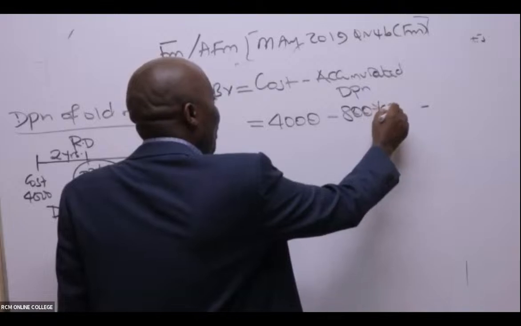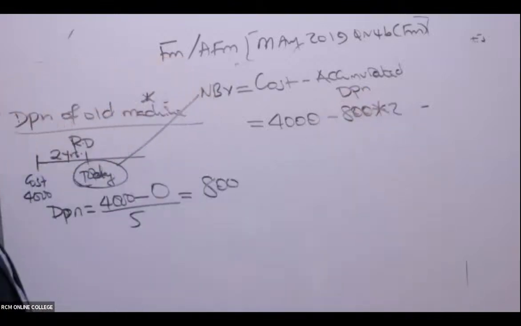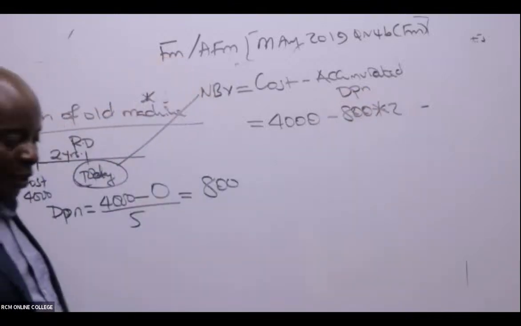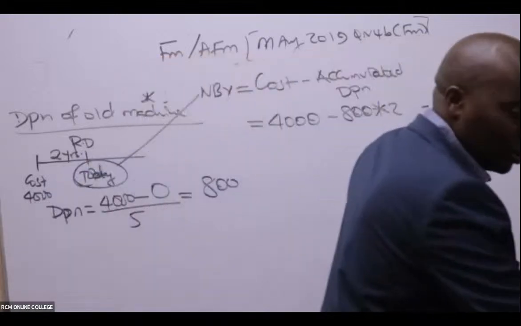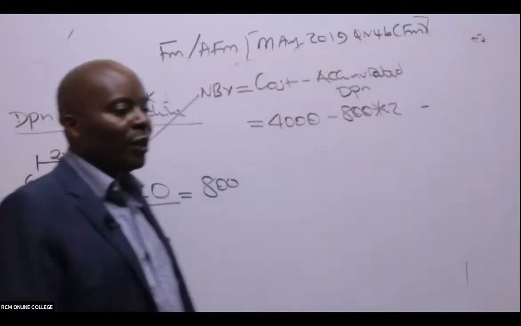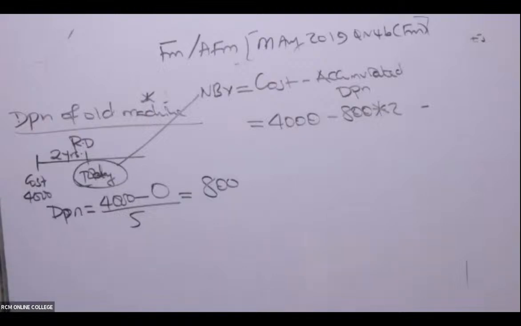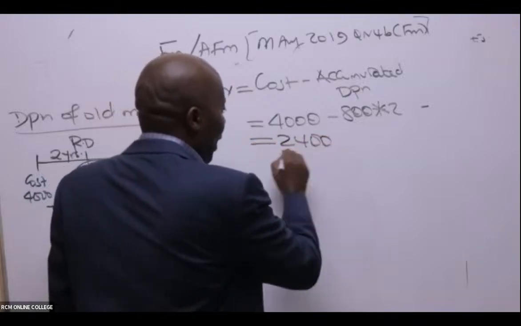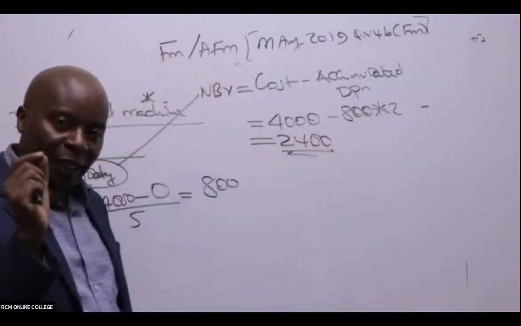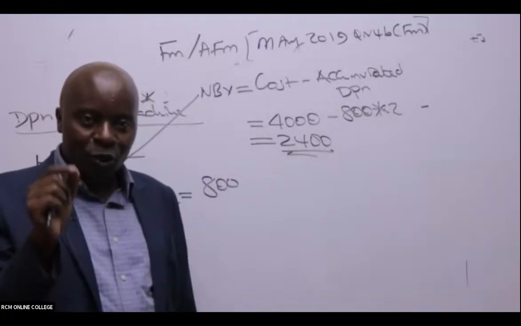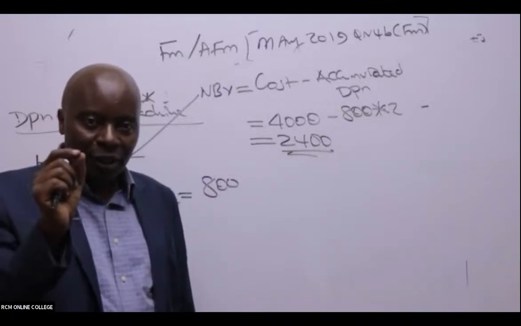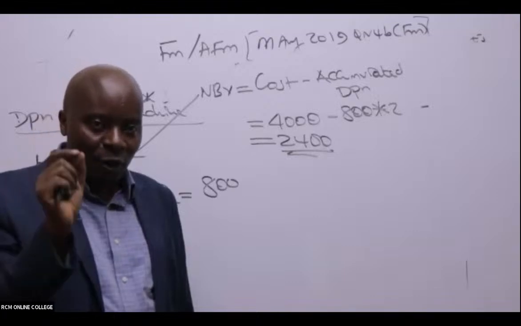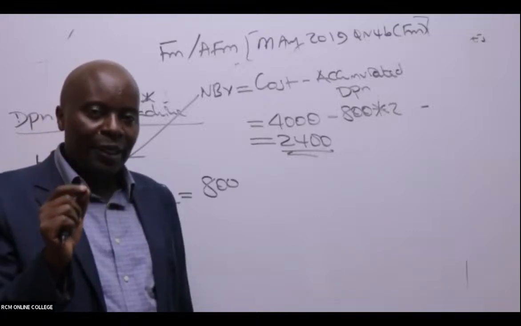But remember, we acquired this machine 2 years ago. So then this gives me a net book value of 2,400 as of today. 2,400 is the net book value.